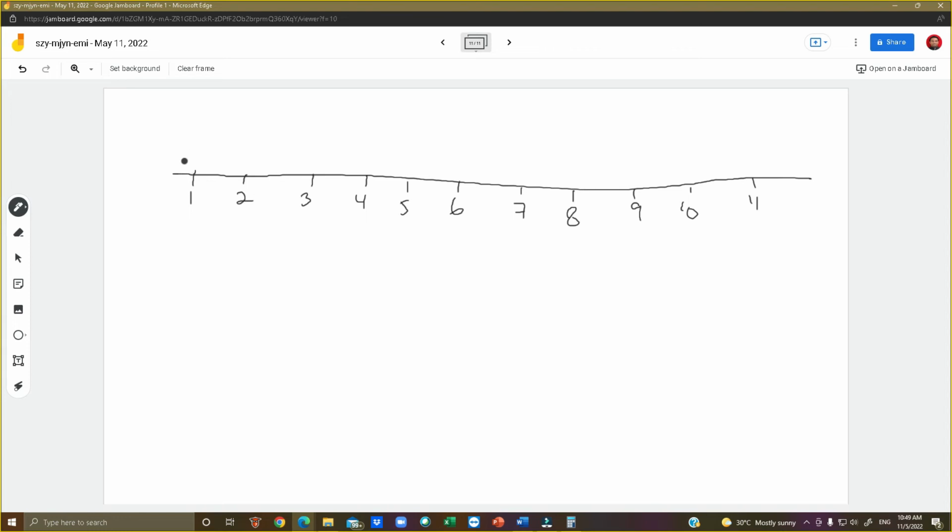Okay, let's say now we put penny like this. Kita ada 6 penny. 1 penny, 2 penny, 3 penny, 4 penny, 5 penny, 6 penny.